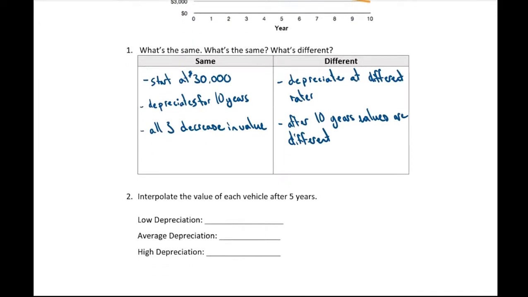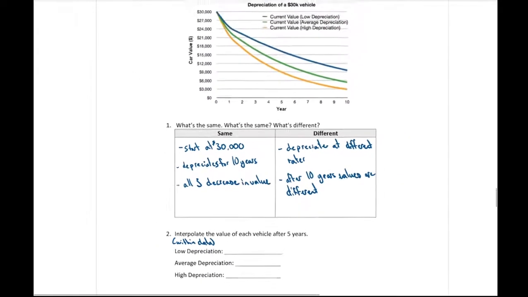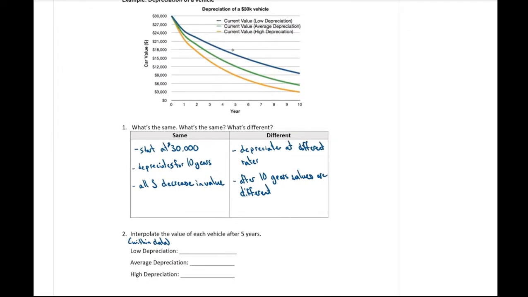For number 2, we want to interpolate the value of each vehicle after 5 years. Again, interpolate basically just means estimate within the data. So because we're looking at 5 years, which is this mark here, I'll use a different color so it'll stand out from the lines.